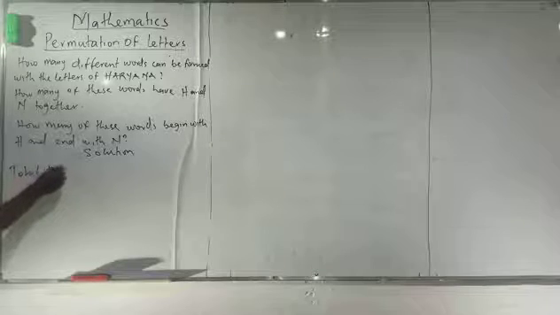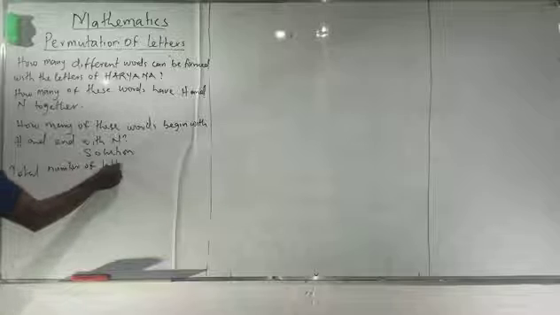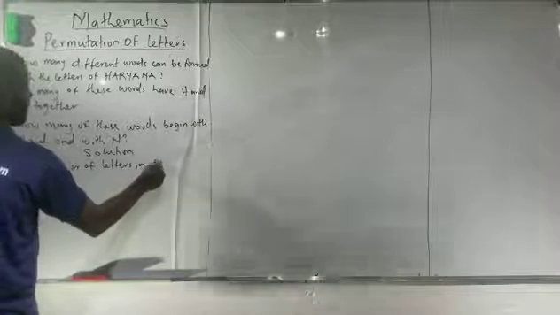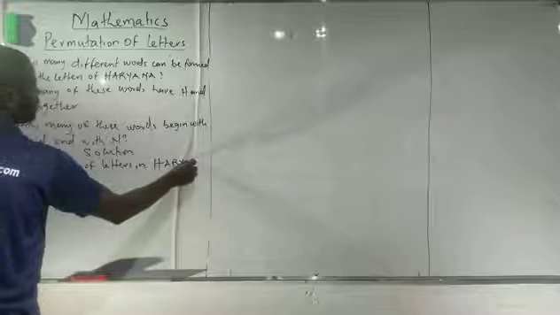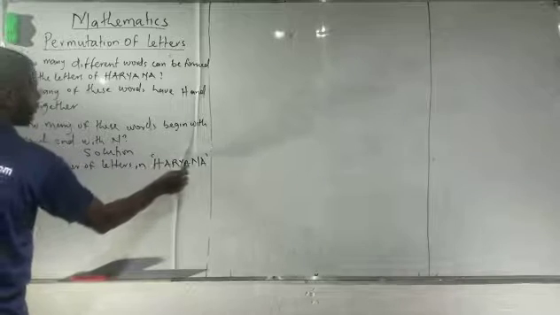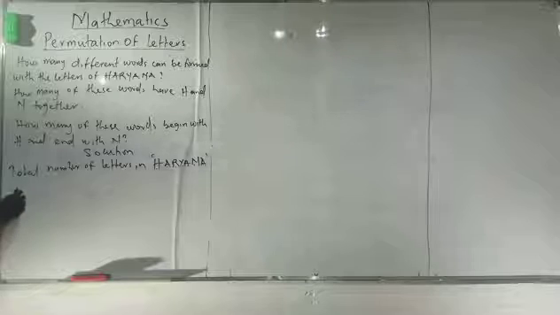Total number of letters: 1, 2, 3, 4, 5, 6, 7 is 7.